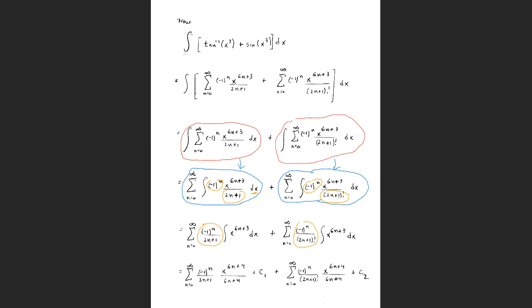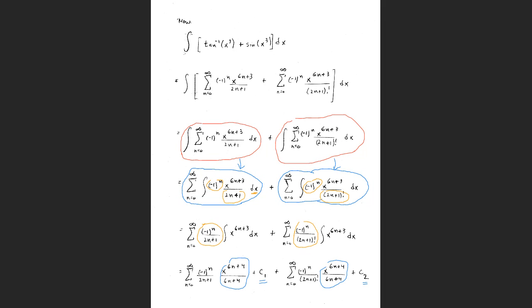Well, the antiderivative of x to the power 6n plus 3 is just x to the 6n plus 4 over 6n plus 4. And same for the other integral. Yes, Jacob, question? And then we have our constants of integration.